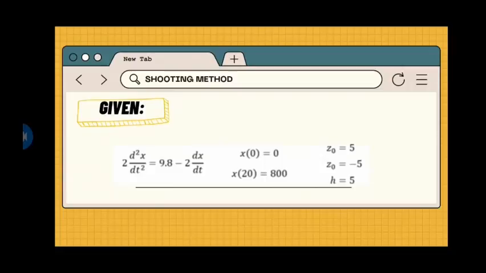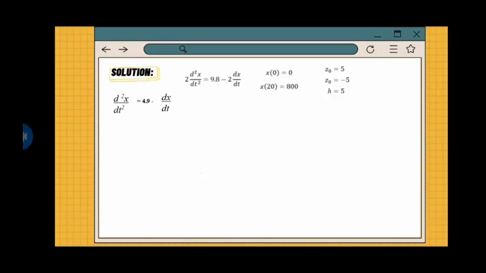So here, this is the equation given from the problem. Here's the solution. The first step, let's rearrange our equation into our general form. Let's move 2 to the other side, and now the equation becomes 4.9 minus dx over dt. Now this is already in our general form. And then let's change our second order to first order.